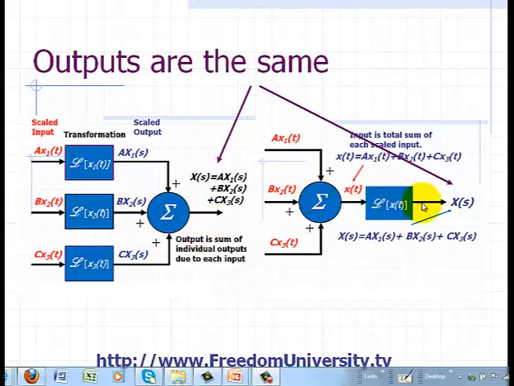In this other diagram on the right, we're just breaking up the inputs, adding up all the inputs, and then performing one operation on this total sum. And if the output from this diagram and from this diagram are the same, then we say that the transformation, the Laplace transformation, is linear.